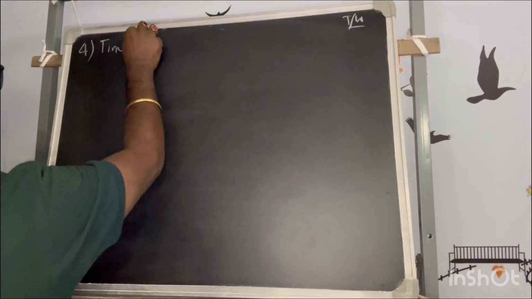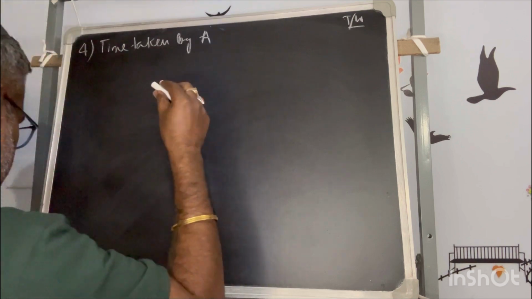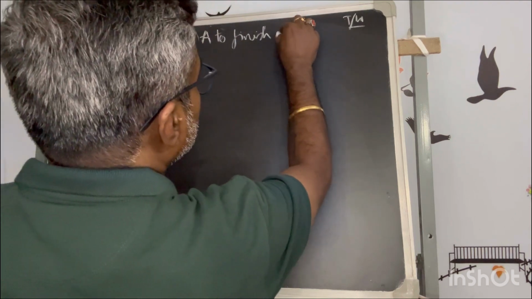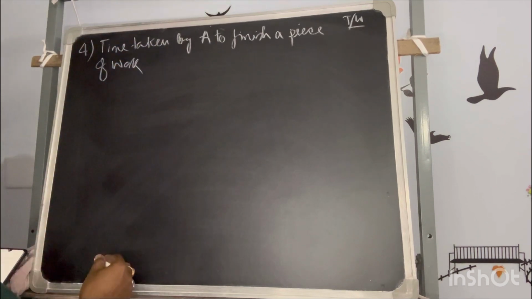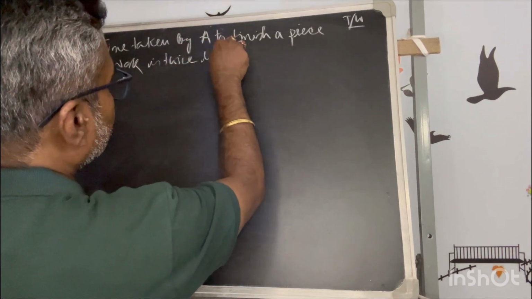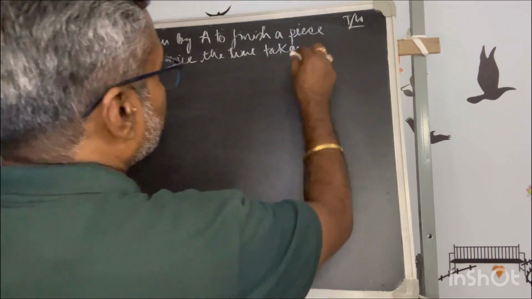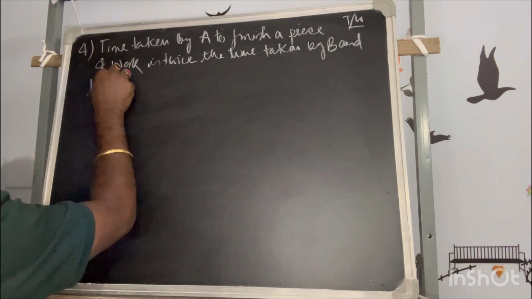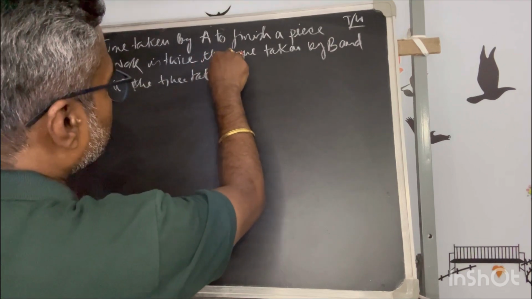So time taken by A. A is a character, or a person, you can say, to finish a piece of work is twice the time taken by B, and twice the time taken by C.